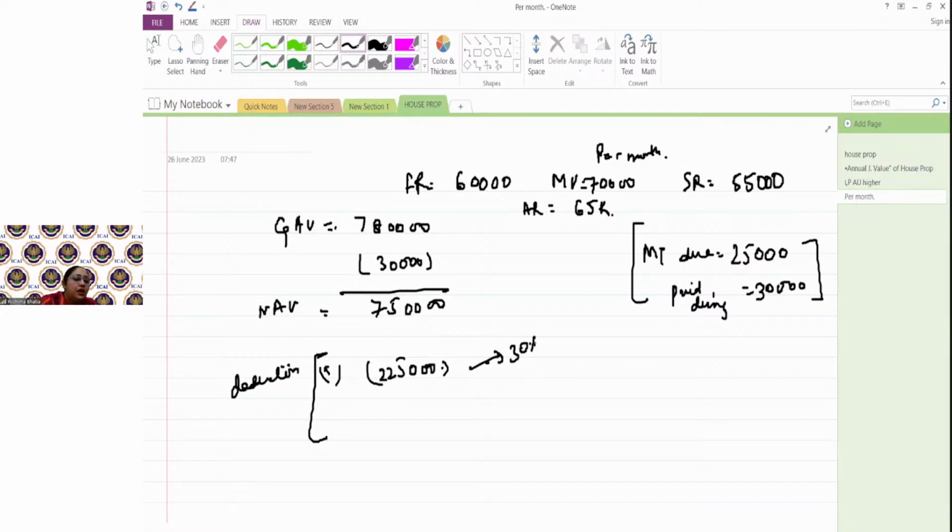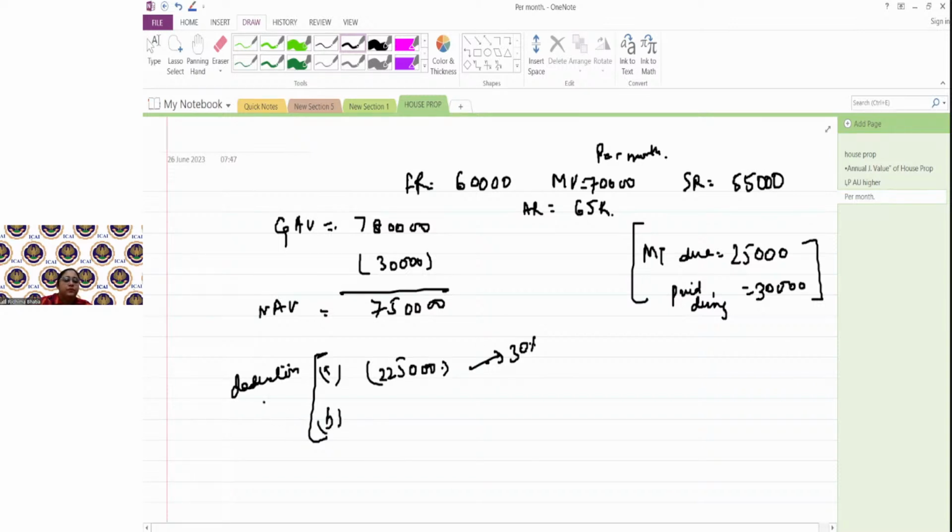No expenses are allowed, but a standard deduction in the form of those expenses is allowed in sum. Whether the actual expenditure is happening or not, more or less, nothing. You get a flat 30%, not more than that.